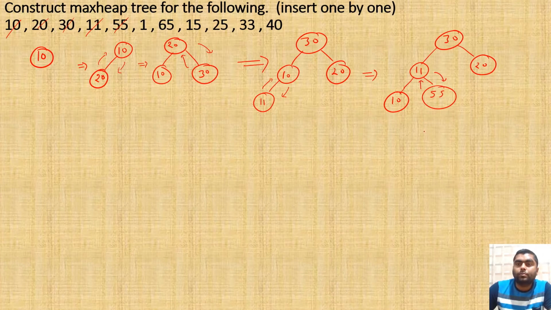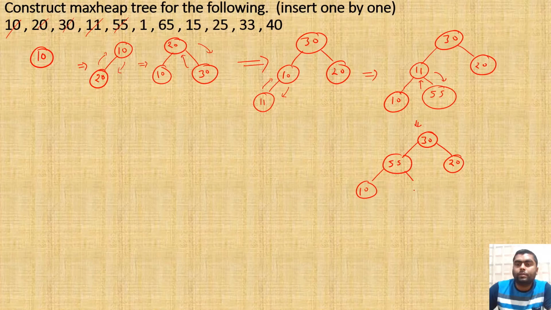Finally what will happen, let me draw it here itself. So it is 30 and it is 55. Okay, and the right side is 20 and left is 10 only, and right to 55 is 11, the interchanged value. But here again there is one problem, that 55 is also greater than 30.